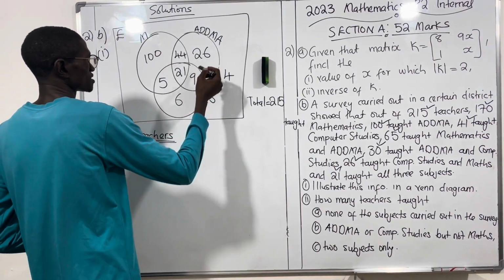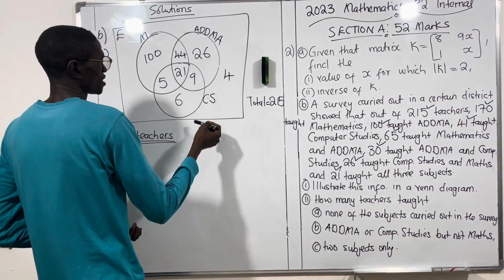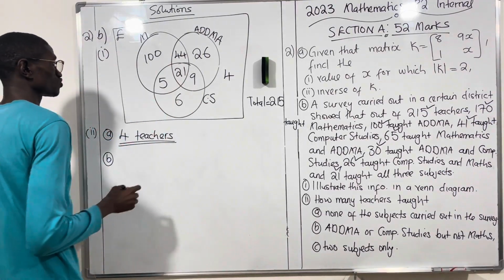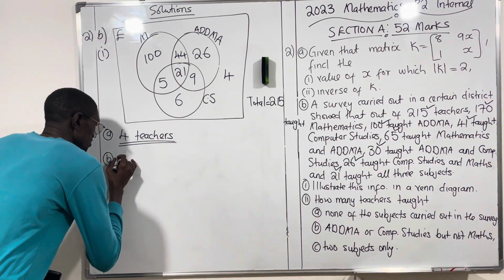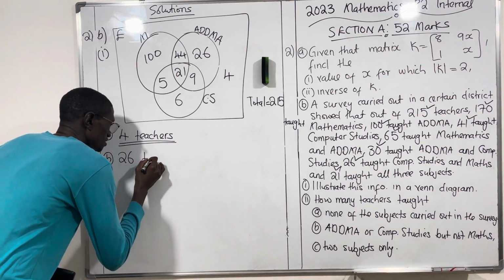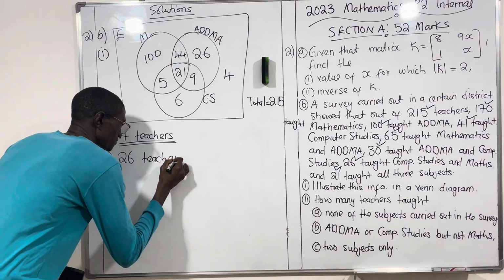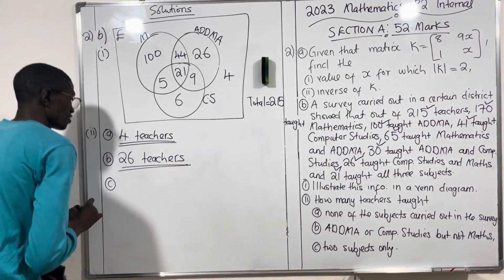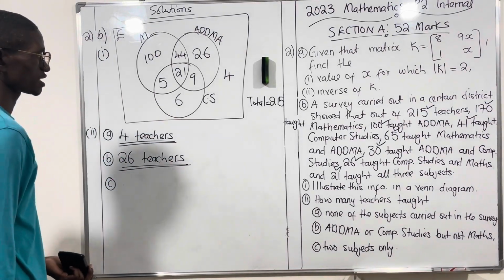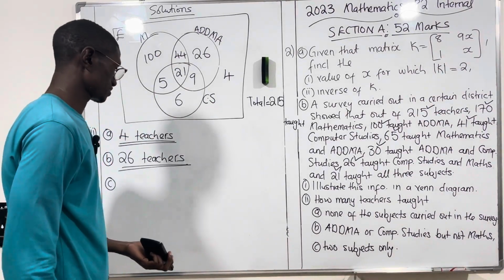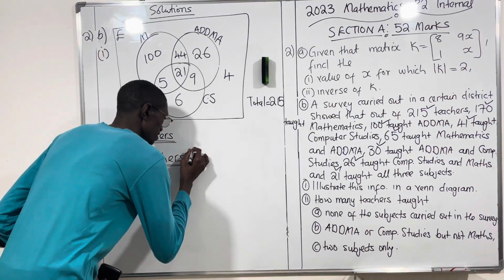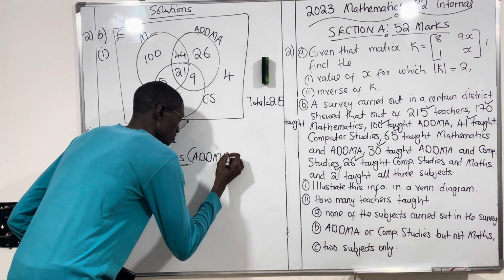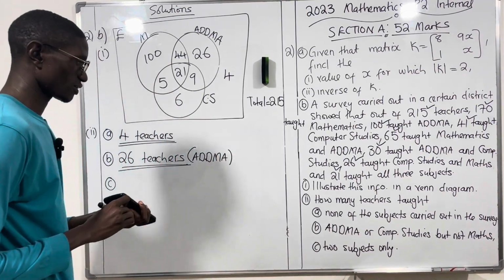So you can simply pick these that took additional mathematics or those that took computer studies. So we're going to pick those that took additional mathematics, and we're just going to say 26 teachers. So if you want, you can say 6 teachers, that is for computer studies, or you can even say additional mathematics.